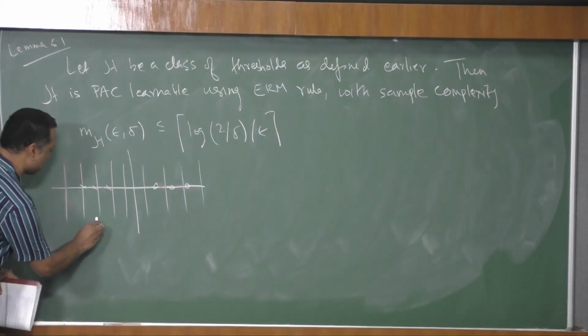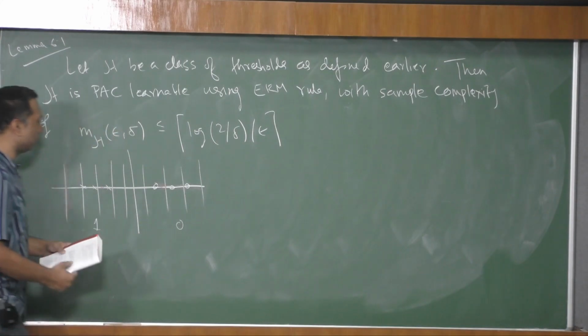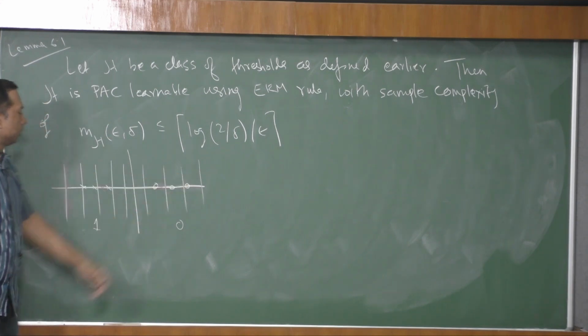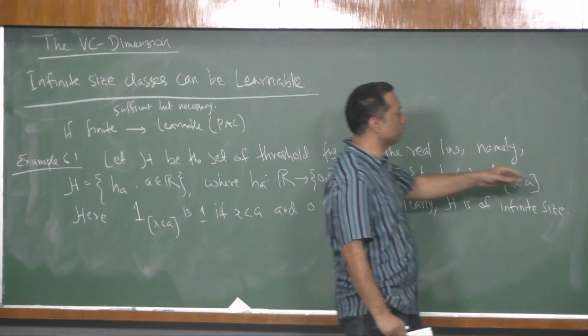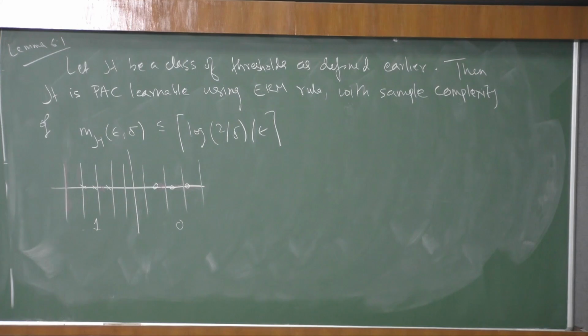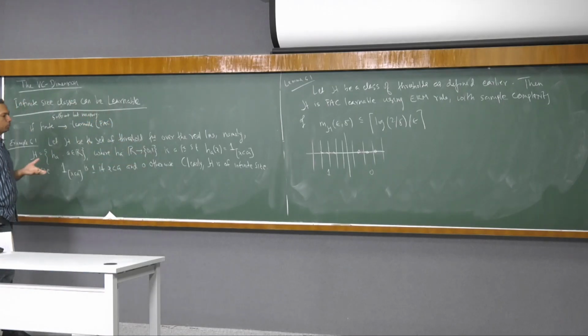So we can say that these guys are class 1, these guys are class 0, and all the guys who come here, we say that you must be 0 because you exceed my threshold. So this is the problem we are given. Certainly the set of threshold functions you are given is infinite, and what we want to claim is that it is learnable in the sense that it may not overfit. So this is the problem we have.